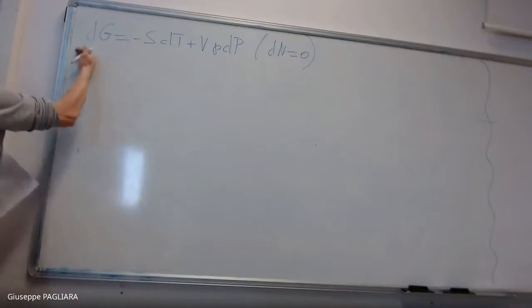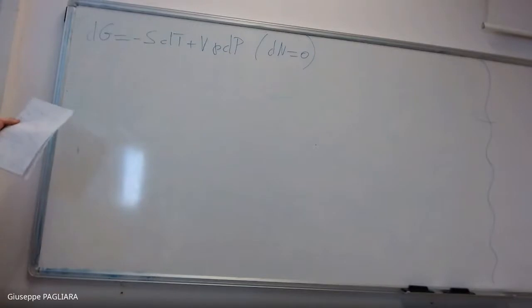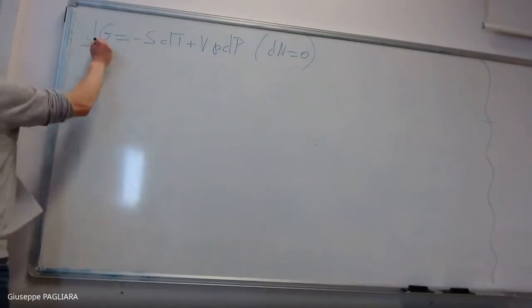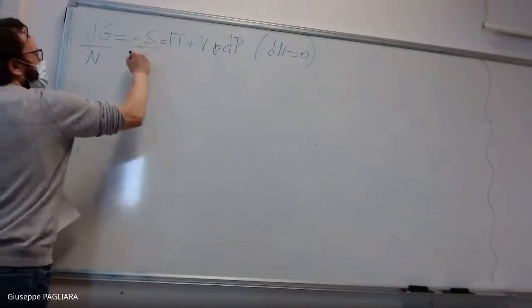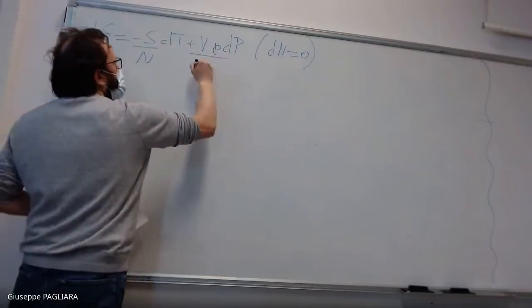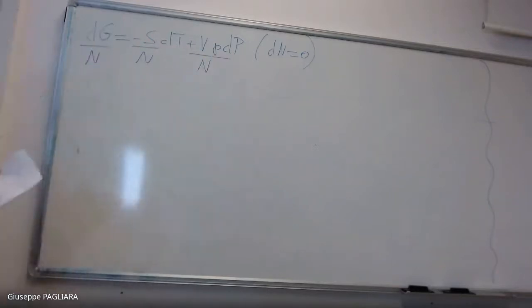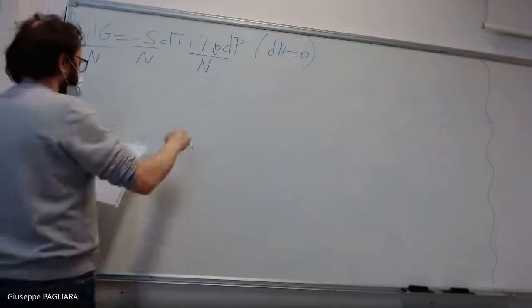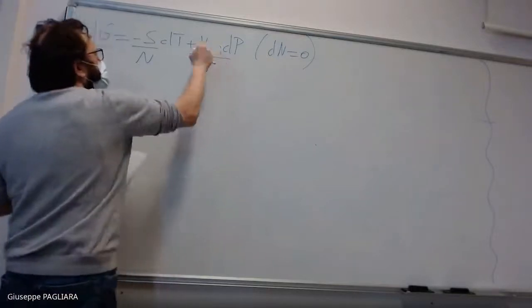Let us divide this by N. There is something wrong here. This, of course, is just the V dP.